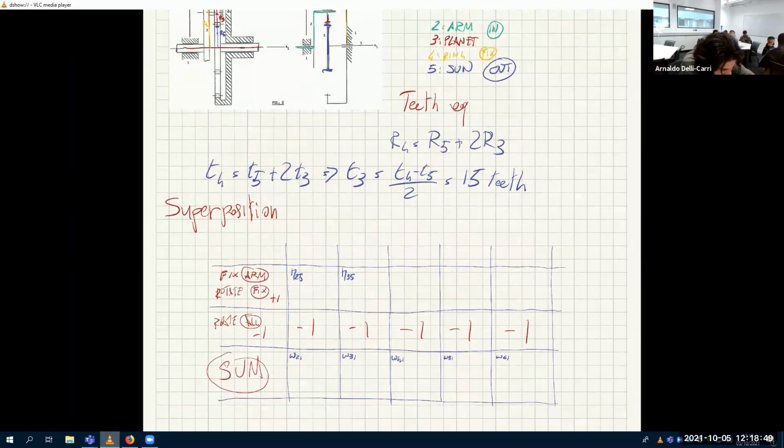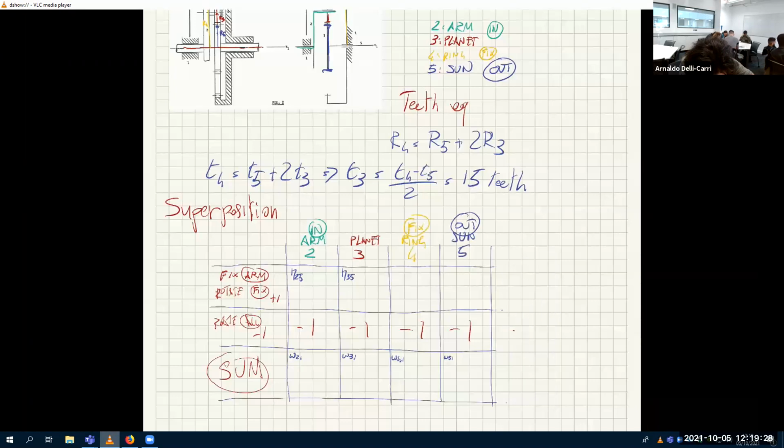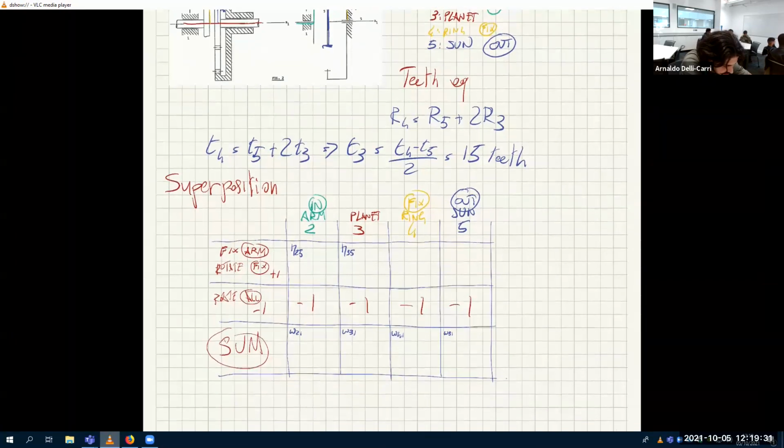Okay. So we said 2 is the arm and it's in. Then we said that 3 is the planet. Then we said that 4 is the ring and it's fixed. Then we have the 5, the sun, and it's the output. And there you go. I don't need these. Very easy.